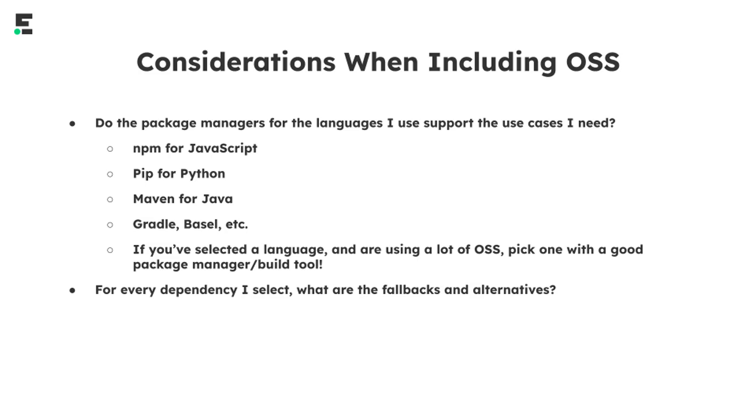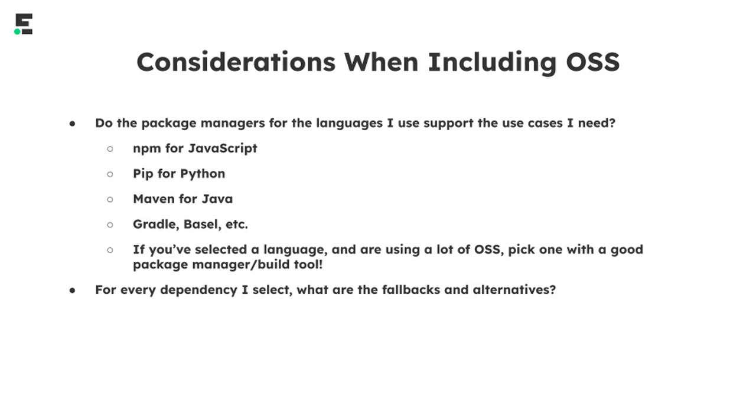So some things you want to think about when implementing open source, right? The architectural consideration. For these languages, do they have good package managers? Or should I use some kind of different package manager, like maybe Bazel or something like that, to manage and build out all these applications with the open source dependencies? What are some of the challenges for some of these package managers and languages with open source that I need to keep in consideration, right?